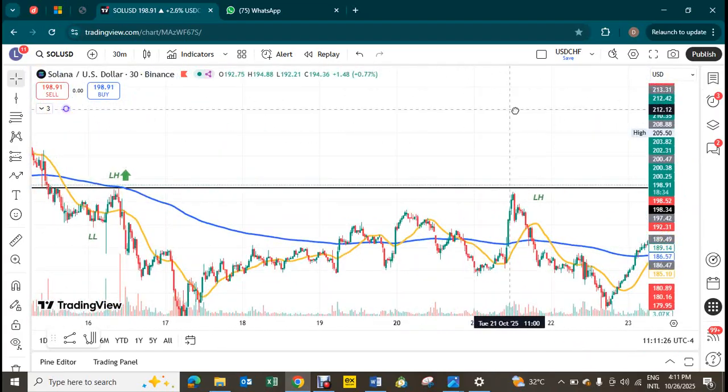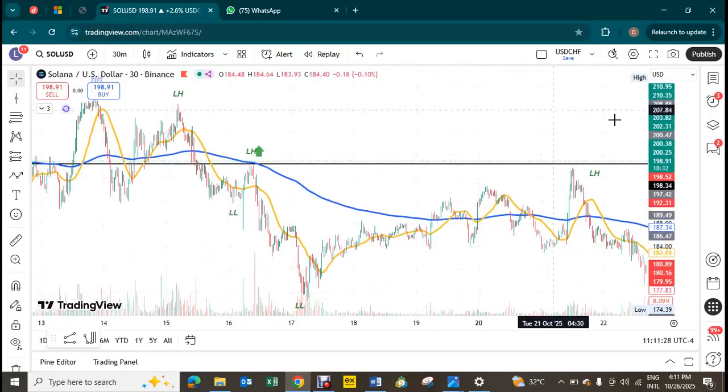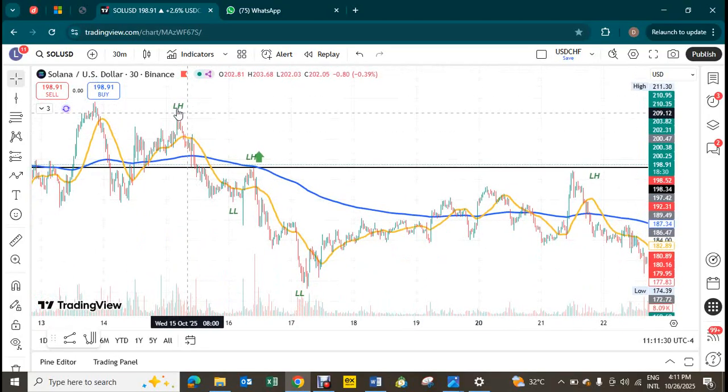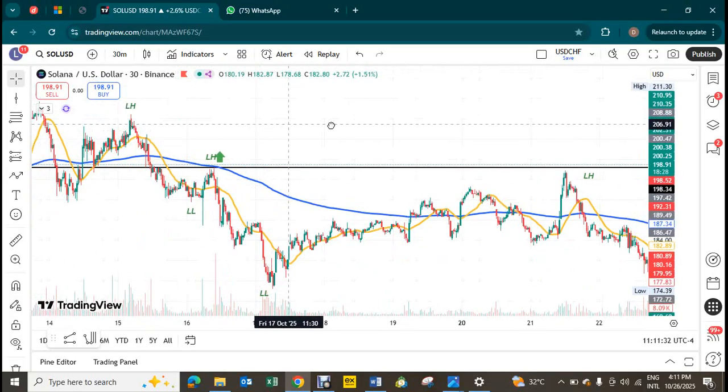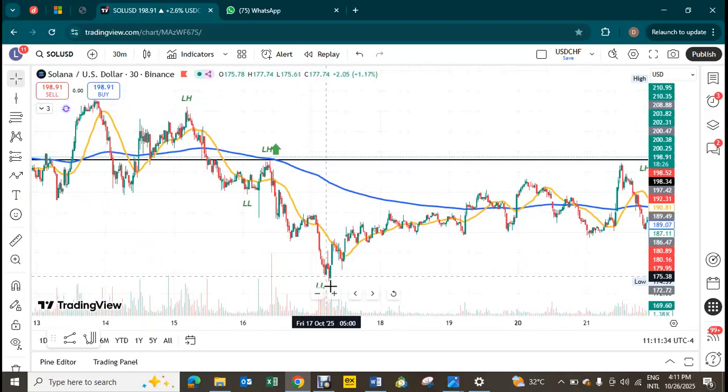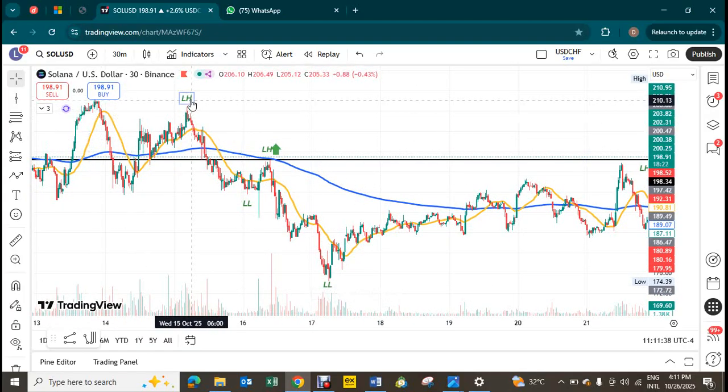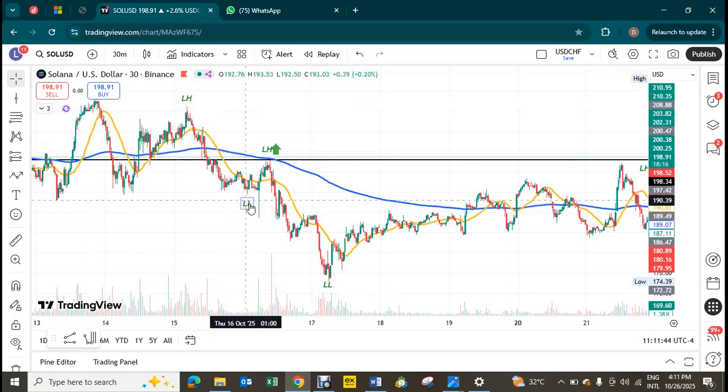Now if you look well, you can see we have a lower high, this first one here. That's an LH. We can see price came down and gave us an LL here, which is a lower low. We saw an LH here, which means a lower high, right?